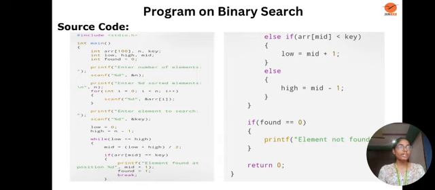If array mid value is less than the key element, then low equals to mid plus 1, else high equals to mid minus 1. So it applies these three conditions. At last, if it doesn't find the element in the array, it returns element not found. That means if found equals to 0, then it returns element not found.